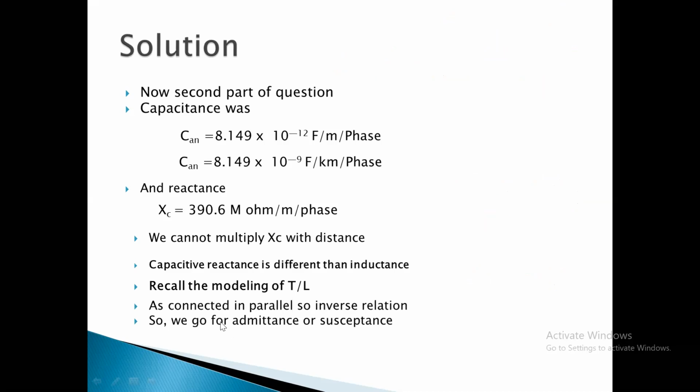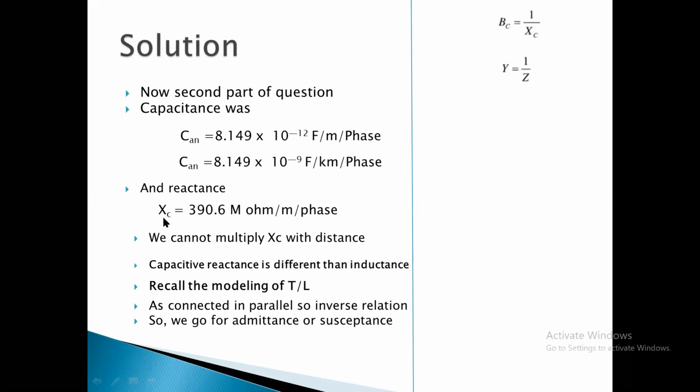We can say capacitive admittance or susceptance. What is capacitive admittance and susceptance? Sometimes we denote it by BC, and sometimes by YC. Both are okay. It is the inverse of capacitive reactance.